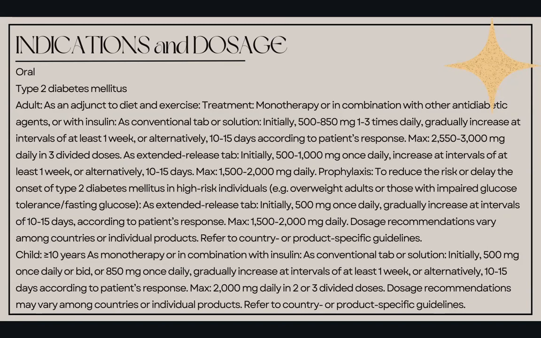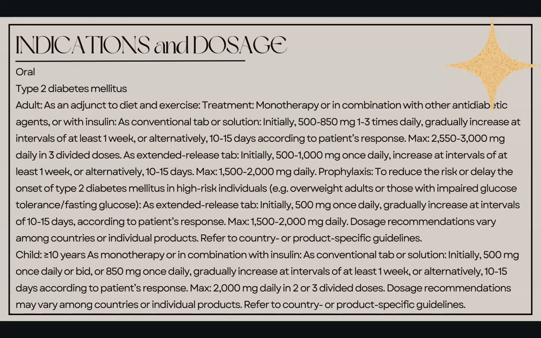As extended release, initially 500 to 1000 mg once daily. Increase at intervals of at least 1 week, or alternatively 10 to 15 days. Max is 1500 to 2000 mg daily.